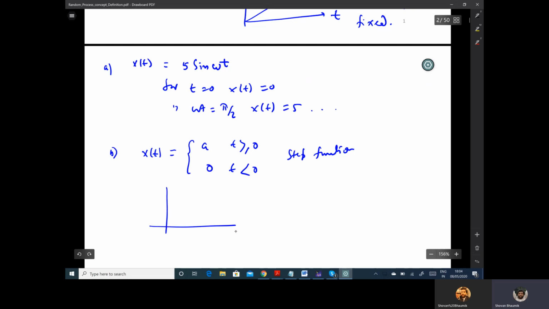Less than 0 it is 0, and greater than 0 it is A. So it is deterministic. Whatever be the time, it will always be the same. If we measure the signal, the amplitude of the signal will be the same if the time is fixed. It will not change. It's not random. So it is a deterministic signal.